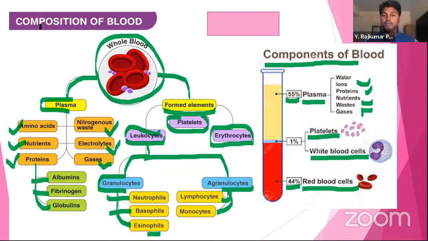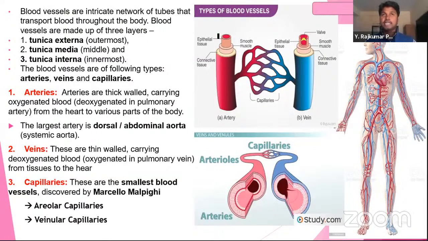Let's learn about the blood vessels. Under the circulatory system, we learn about the heart and blood vessels. Okay, so blood vessels. What are these blood vessels? These are tubular structures present in the body.